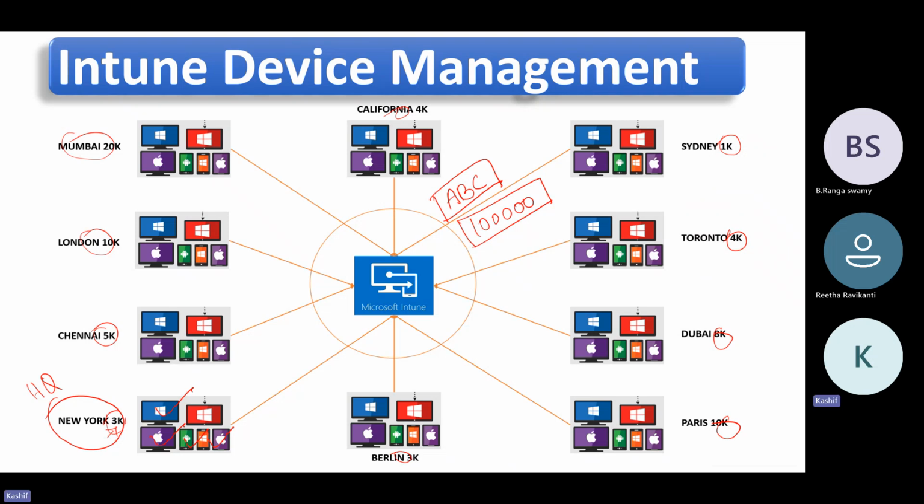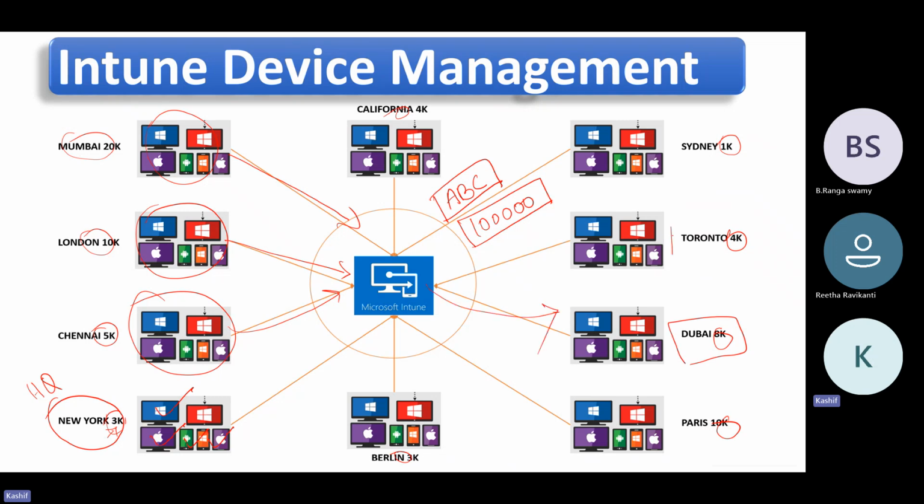So we need to enroll these devices, let's say 5,000 devices into Intune from Chennai, 10,000 devices from London. We need to enroll them into Intune. 20,000 devices from Mumbai, we need to enroll all those 20,000 devices into Intune. Once the devices are enrolled into Intune, you can then control devices. Suppose I have to deploy Google Chrome on 8,000 devices in Dubai, I can simply deploy it.